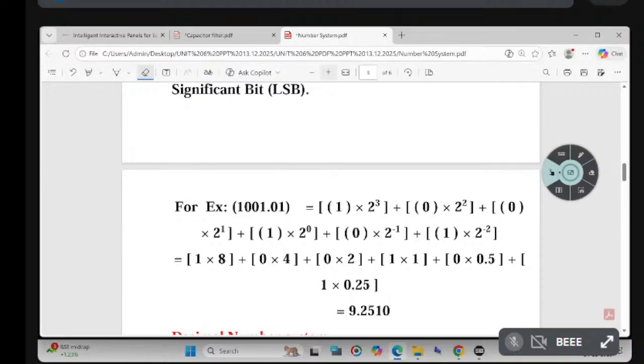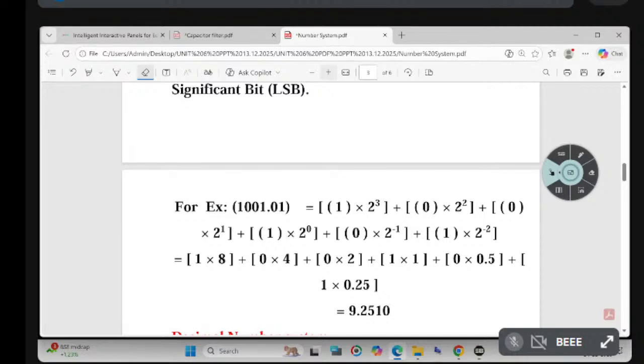After the point, minus 1, minus 2. Get the answer. 9.25 is called the decimal system, base 10.